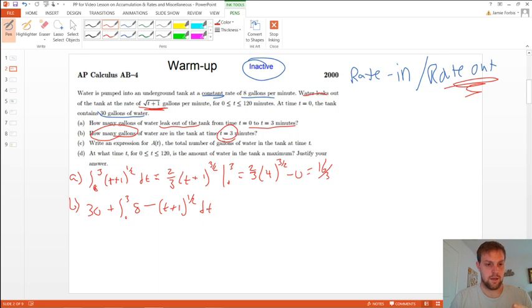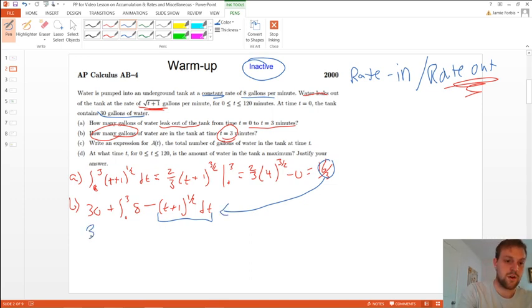Now, the reason I simplified part A is because whenever I'm integrating this, I know what this value is going to integrate to. That value integrates to 16/3. So I'm going to write that out. We got 30 plus the integral of 8, which is just 8t between 0 and 3, and I already know that this value from the previous problem is 16/3.